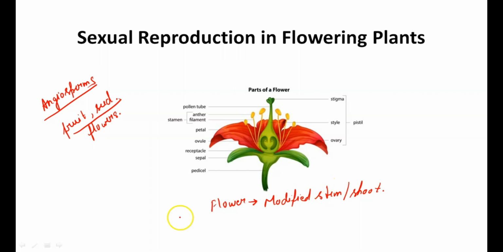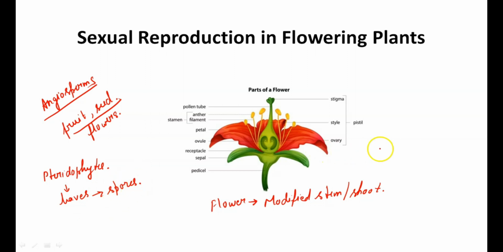So earlier in pteridophytes, now let's talk about the pteridophytes. It consists of leaves only. There was no concept of flowers or fruits then. So it consists of leaves only, which produce spores, right?